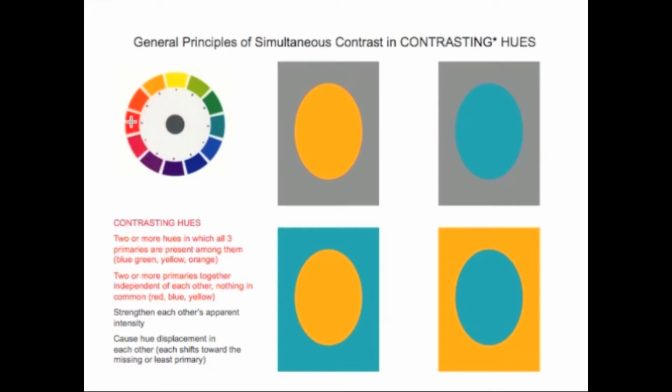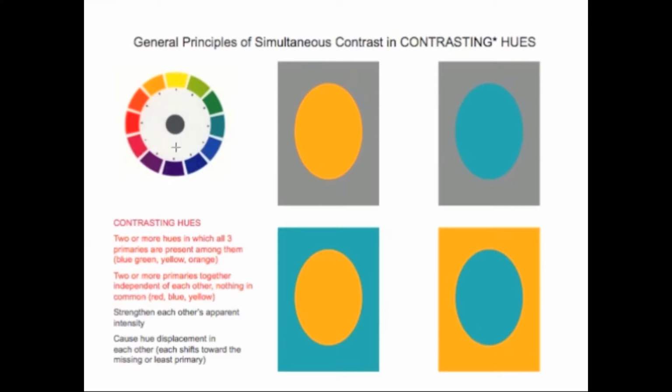Red and red-orange, well, red-orange has red, so they're related. Red and orange are related because they both have red, and yellow-orange and red are related because they both have red. Red-violet and red are related because they both have red, and red also relates all the way around until it gets to blue, and now there's no red in blue and no blue in red, so those are opposing.